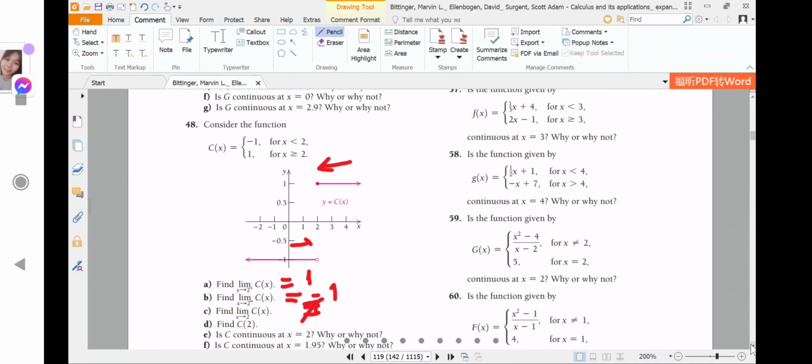And question D, f(2) equals the value of this function at number 2 equals what number? 1. Okay, and is f continuous at 2? Why or why not? No, f is discontinuous at 2 because why?